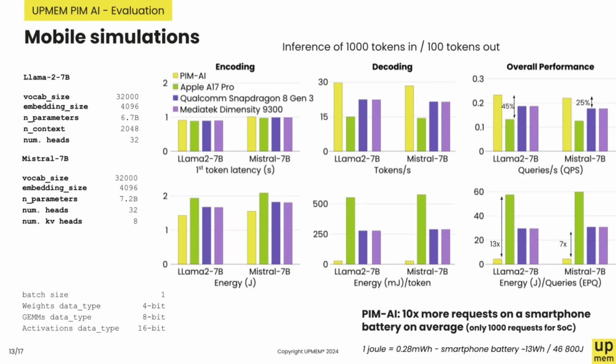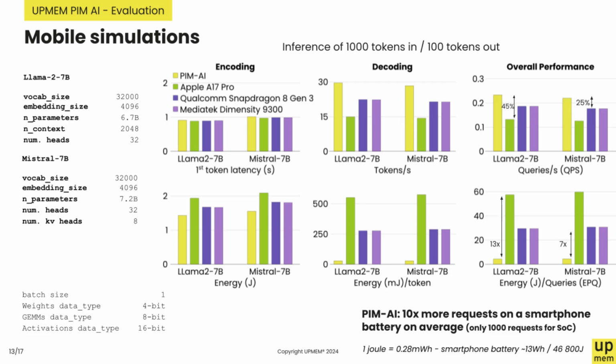If we sum the encoding and the decoding phases, we see that we can achieve up to 45% more queries per second than other SoCs. And in terms of energy, we can be up to 13 times better in terms of energy per query. Of course, in a mobile environment, maybe queries per second is not that significant, because you are one user requesting an execution of the model, and you don't mind if it goes a bit faster or a bit slower.